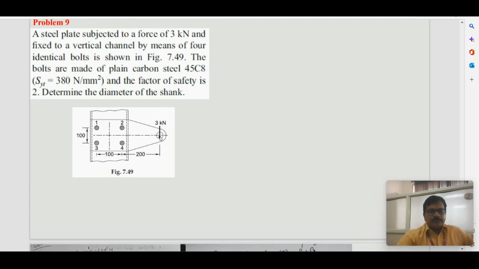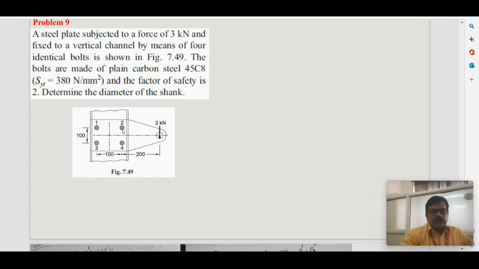Now you can see that the centroid of this riveting system lies at the midpoint of the four rivets, and all of them are equidistant from the center. The primary is 3 kilonewton by 4, that is 0.75 kilonewton, whereas secondary is, for rivets 1 and 3, 1 is clockwise upwards and 3 is also clockwise upwards, but 1 goes to the right and 3 goes to the left.